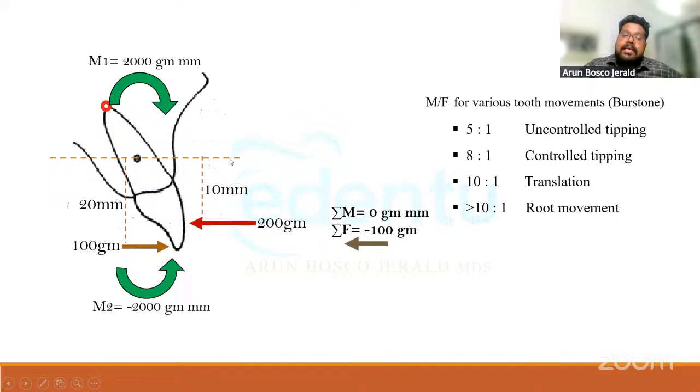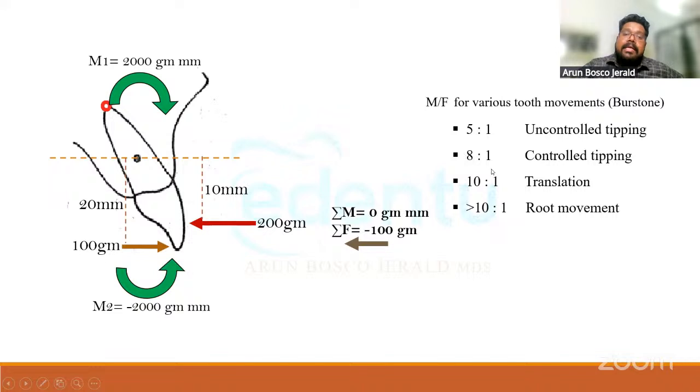So when we consider the distance between the center of resistance to point of application as 10 millimeters, then the ratio 5:1 will be giving it uncontrolled tipping. That means the counteracting moment is lesser. So it will create an uncontrolled tipping. If you are increasing the moment, then the value will be more.